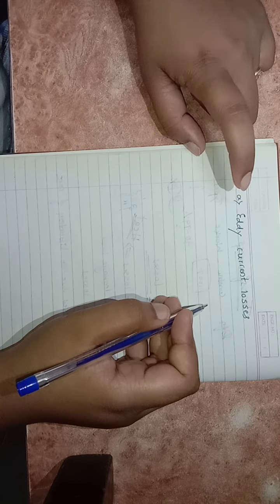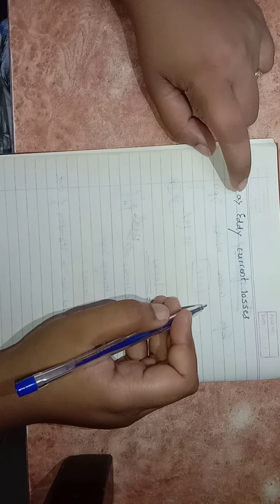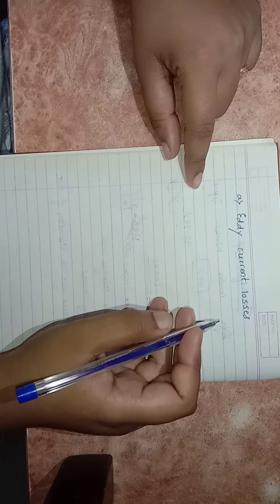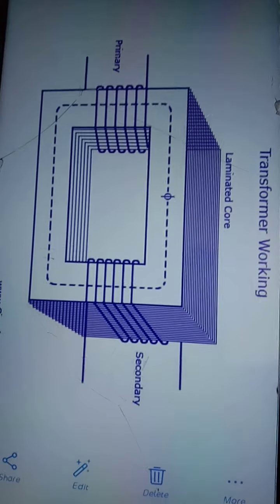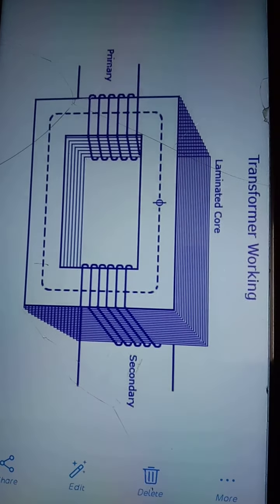In that, first is eddy current losses. So what do eddy current losses mean? In any transformer we have cores, in the form of layers.